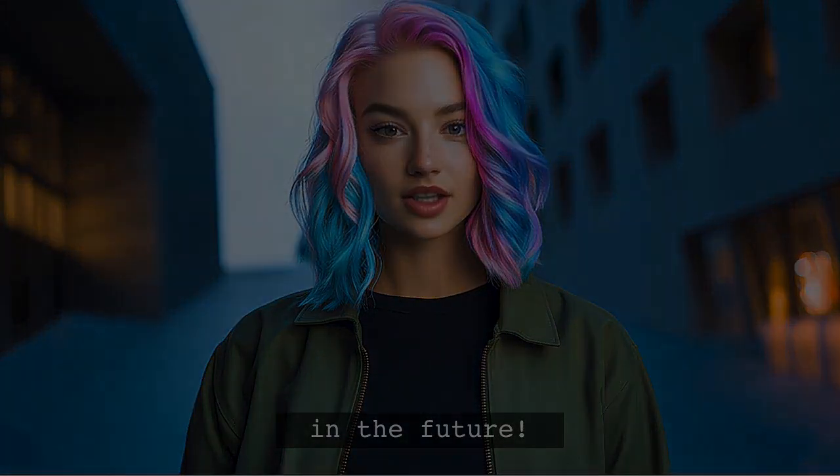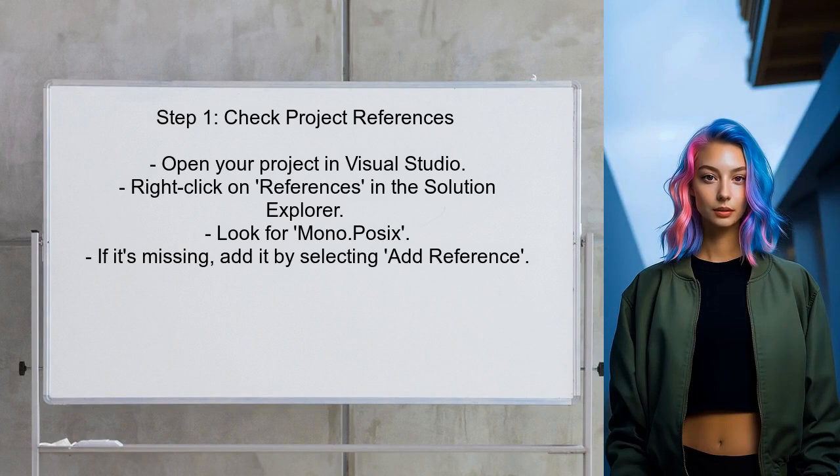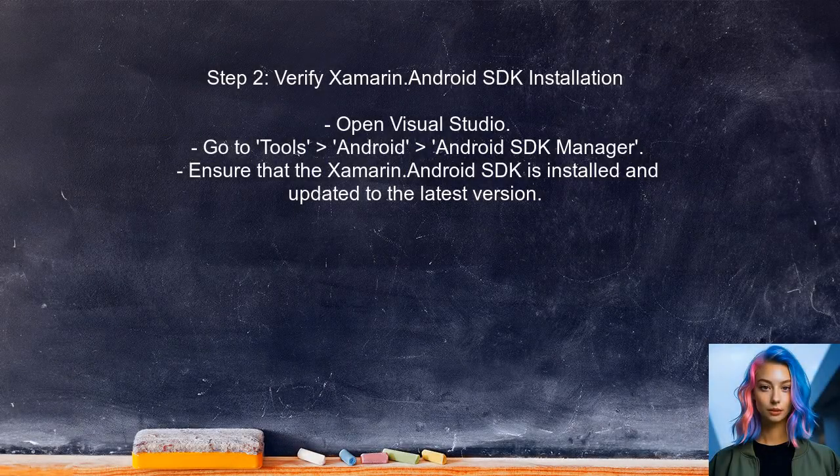To begin resolving the issue with the debugger, the user should first ensure that the Mono.Posix assembly is correctly referenced in their project. This can be done by checking the project references in Visual Studio. Next, the user should verify that the Xamarin Android SDK is properly installed and updated.